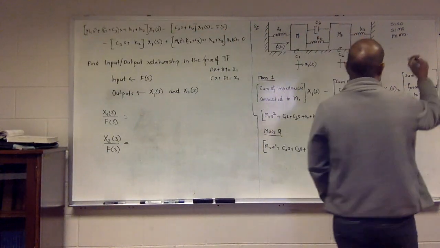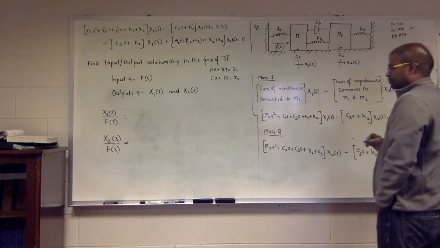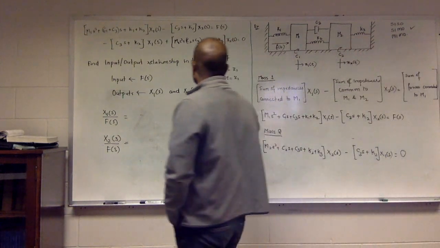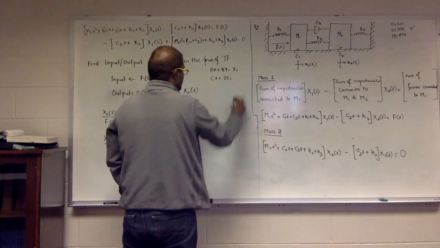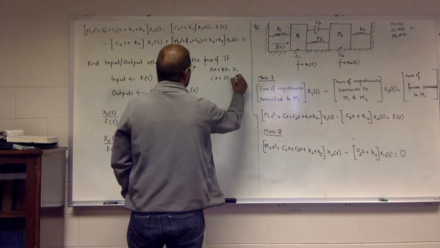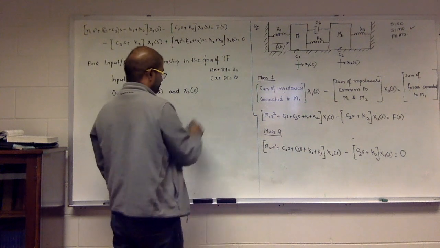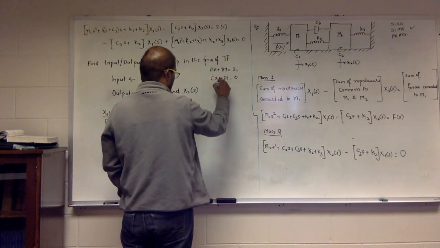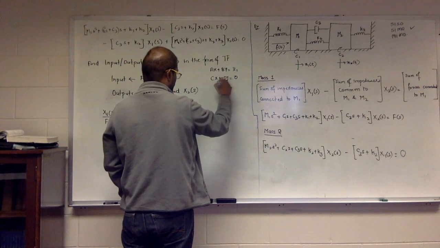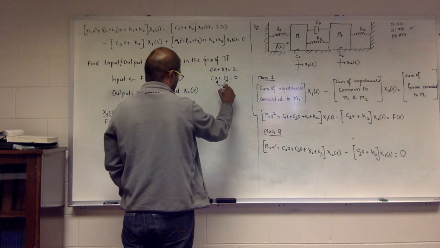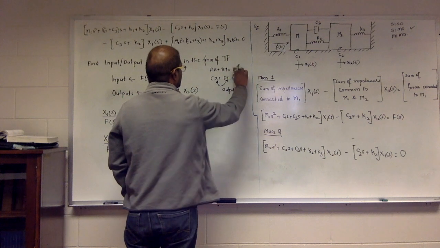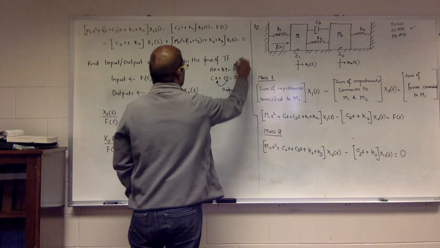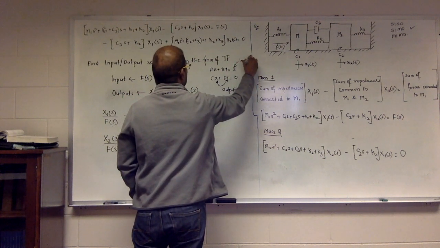Here, F of s is the only input. So here, it so happens that this is simply 0, okay? These two are outputs and this is the input.